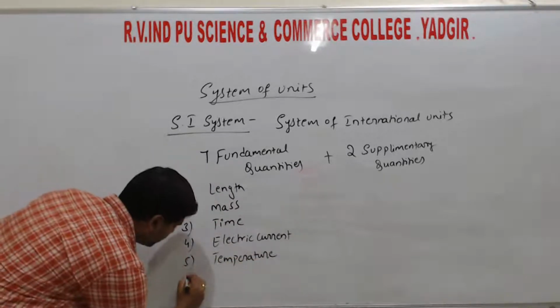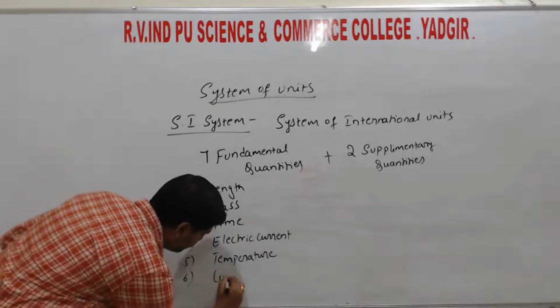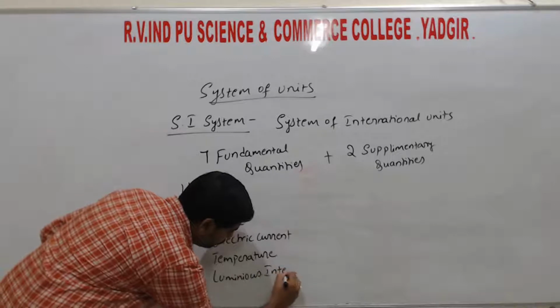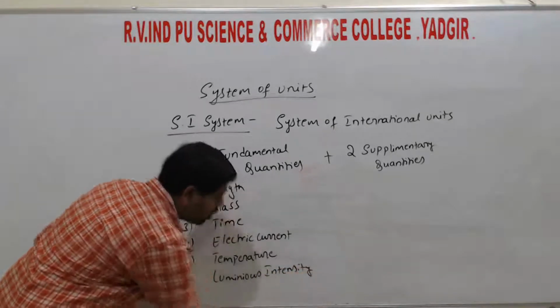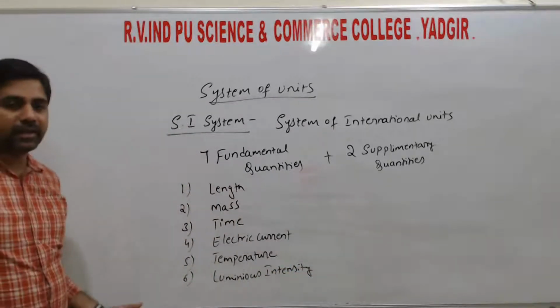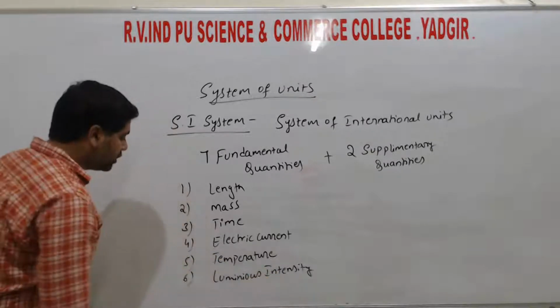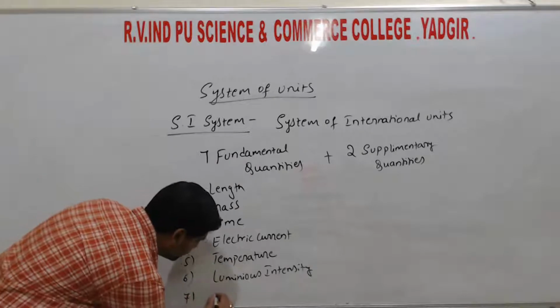Sixth is luminous intensity, or we can simply say intensity. And seventh is amount of substance.